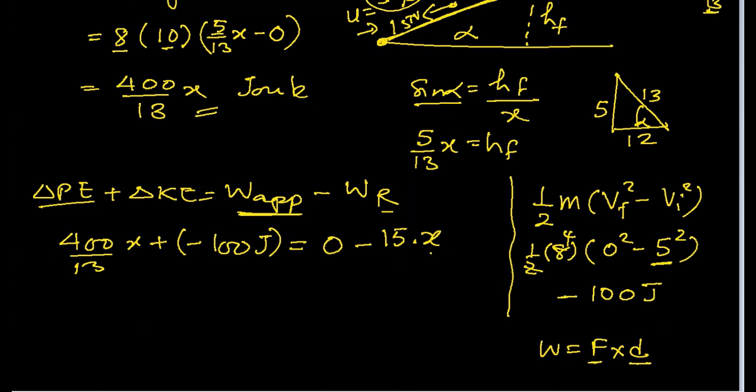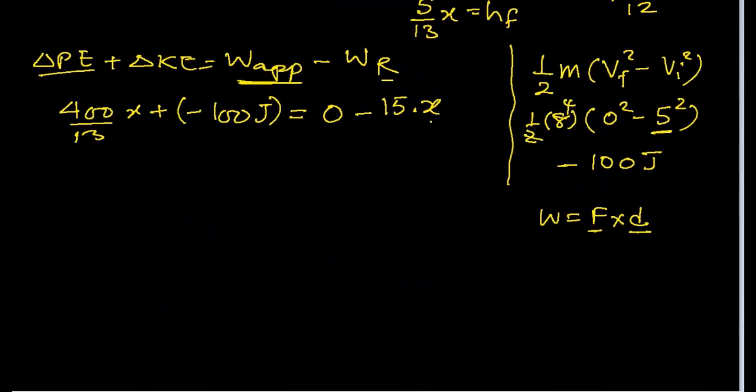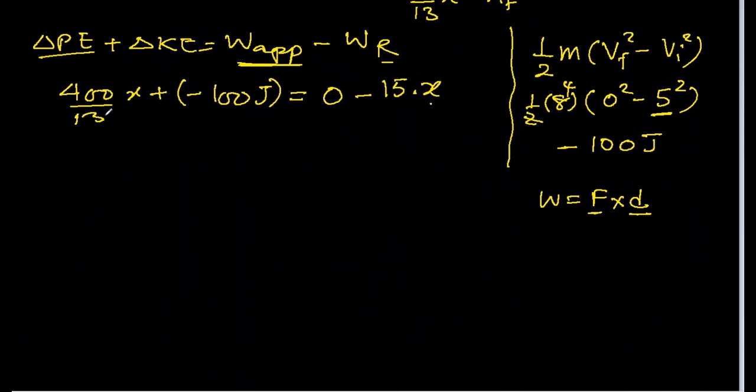That's what it is. And obviously they might be asking what is the value of x, and we'll do that now. This is x, this is x, let's put them together. 400 over 13x plus 50x equal to 100, which will come to the right side.